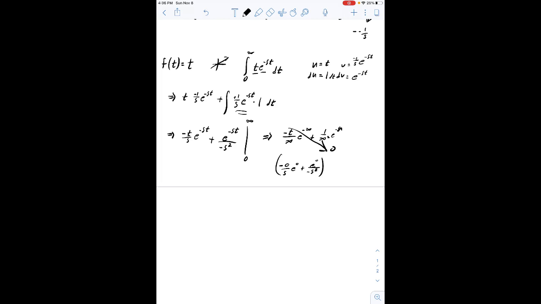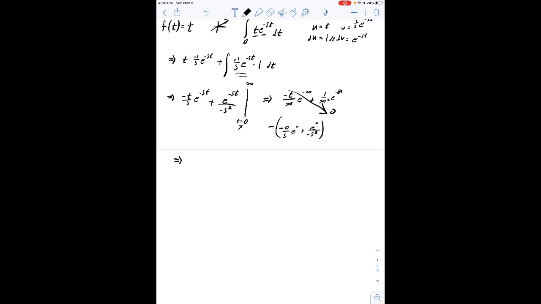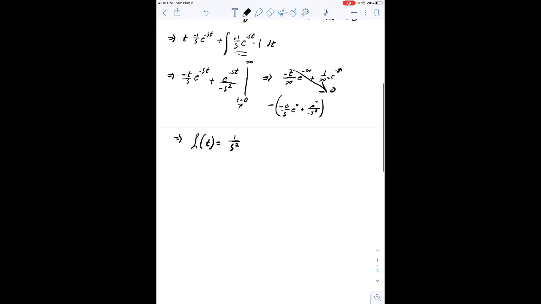And since this is the bottom limit that we're plugging in, t equals 0, we'll have a minus right here. So then we get the Laplace transform of t is equal to 1 over s squared. Cool.